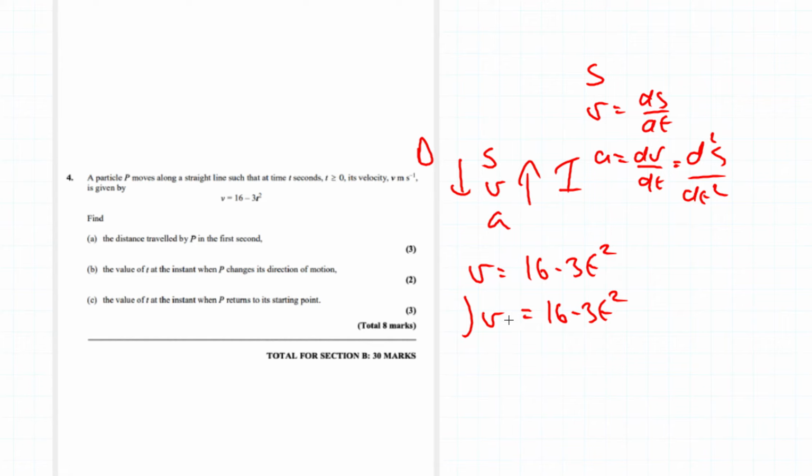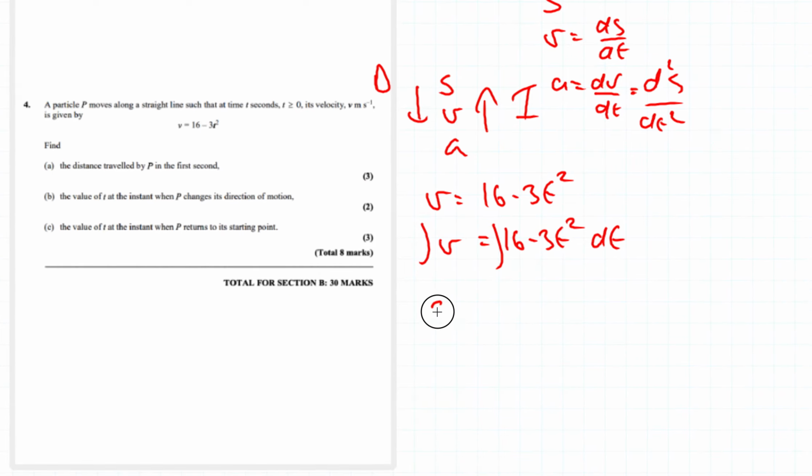So if we integrate 16 minus 3t squared with respect to t, we're going to get S equals 16t minus 3t cubed over 3, and then remember that you must have a plus c as well.